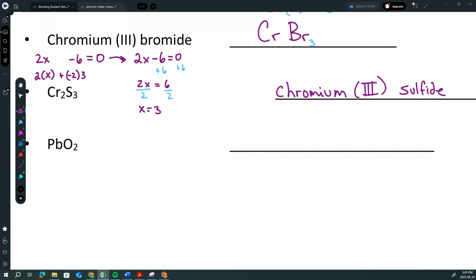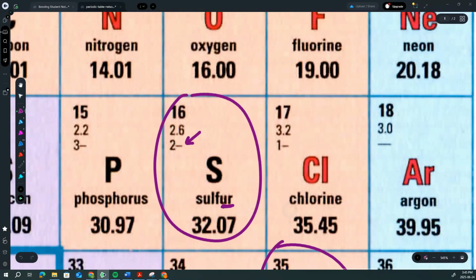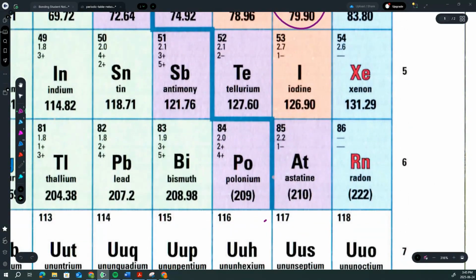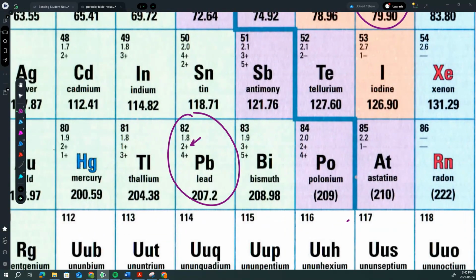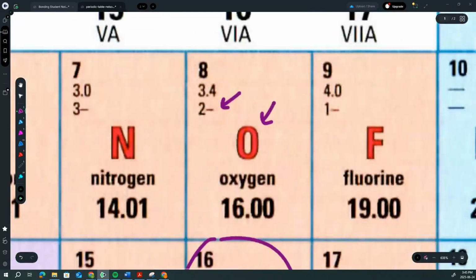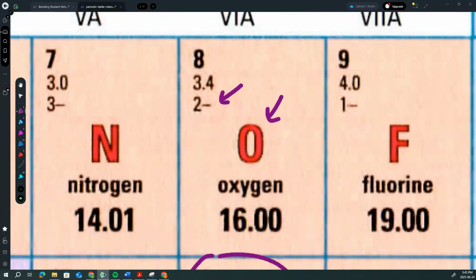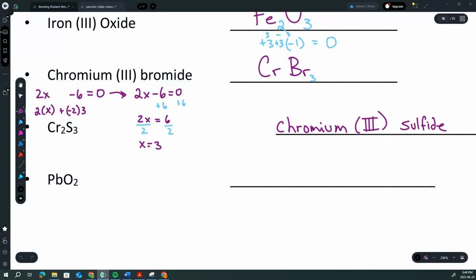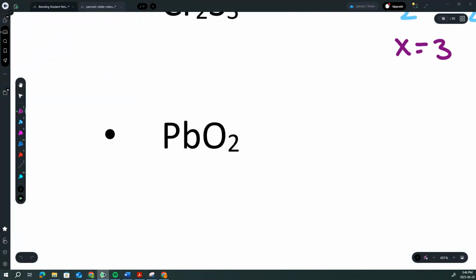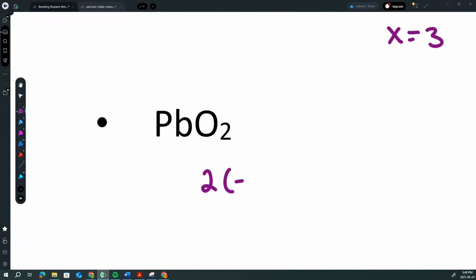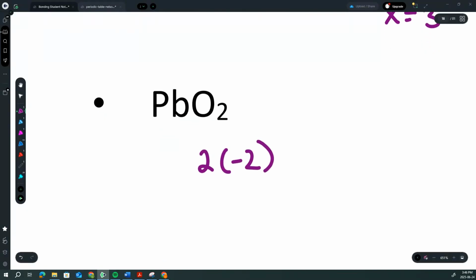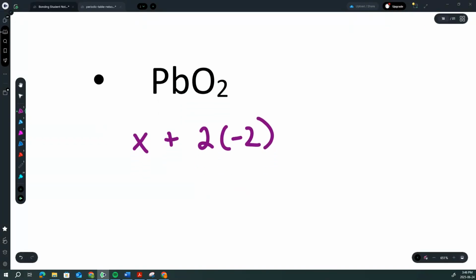For the last one, we have PbO2. Looking at the periodic table, Pb is going to be lead. It can either have a 2+ or a 4+ charge. O, I'm starting there just because I know for sure that it can only have a -2 charge. So I have 2 oxides at a -2 charge. I have 1 lead ion, but I don't know the charge of it.